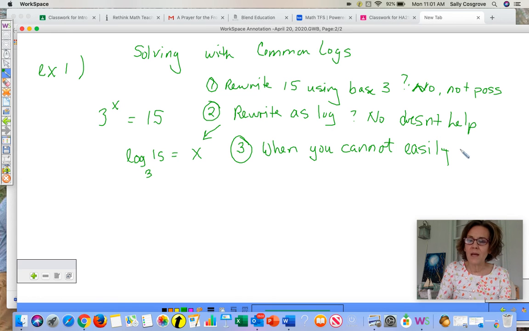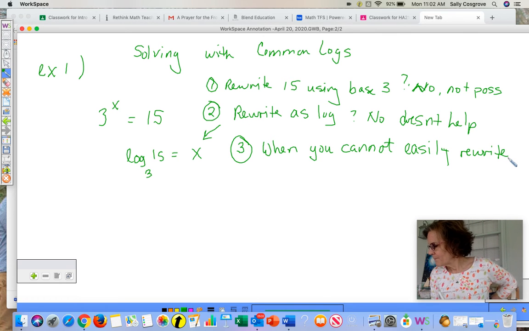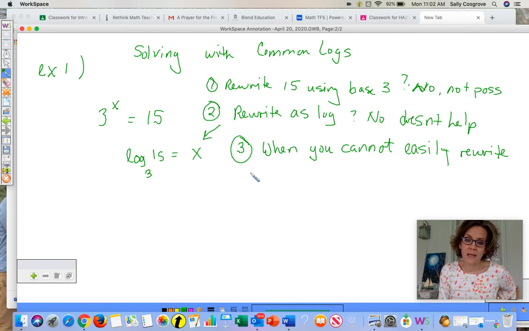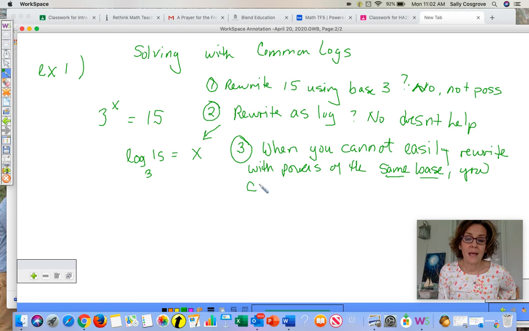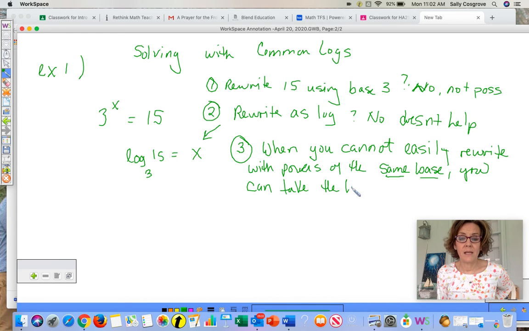Okay, when you cannot easily rewrite with powers of the same base, you can take the log of both sides.